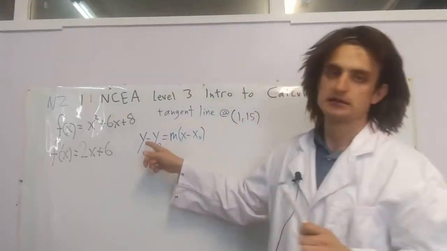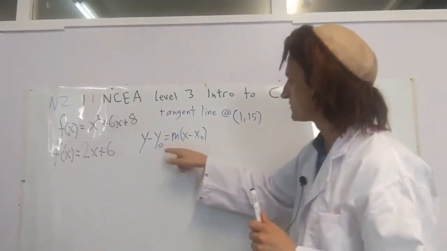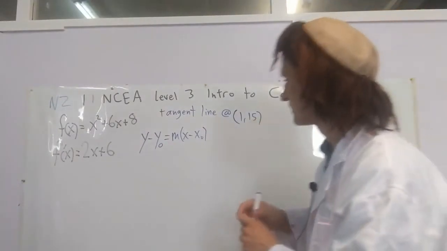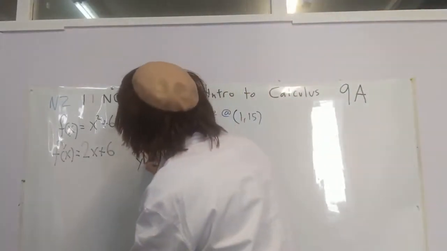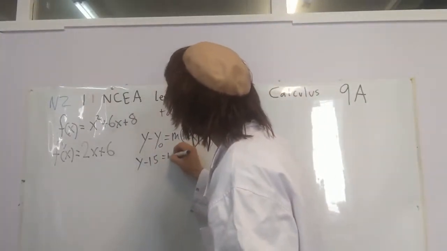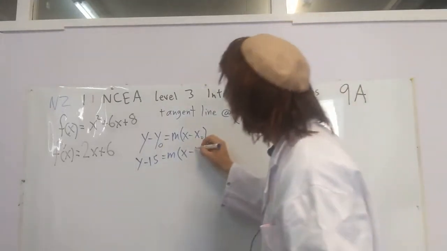Now this y simply stays y. This y naught, we have to plug in with the point that we want to send the line through. So we can write y minus 15 equals m times x minus 1.